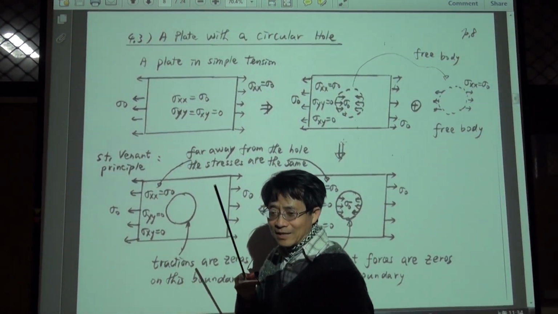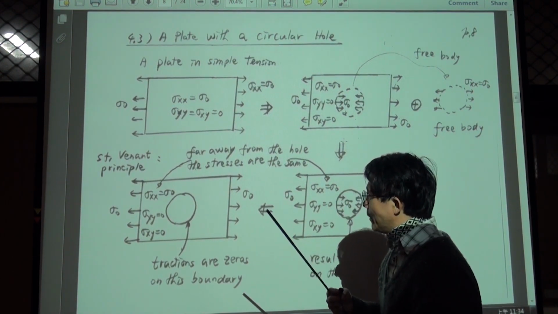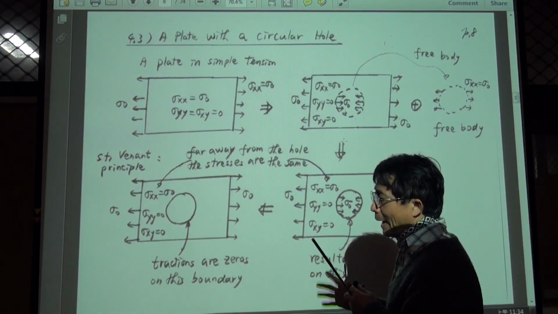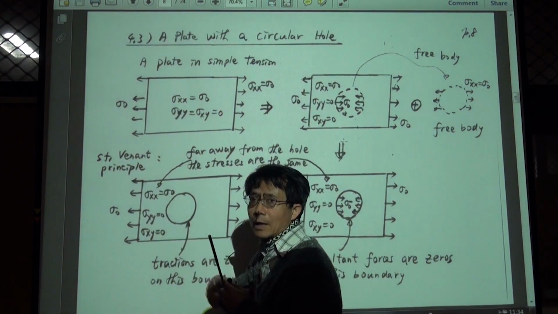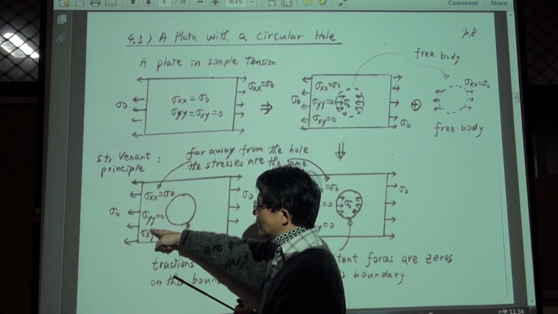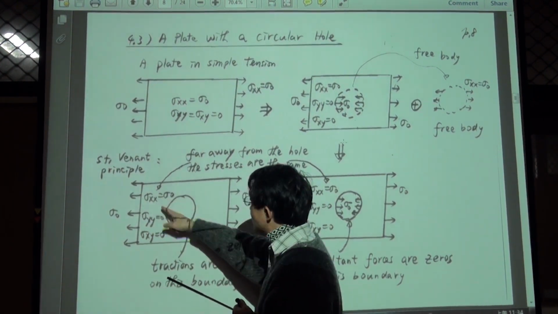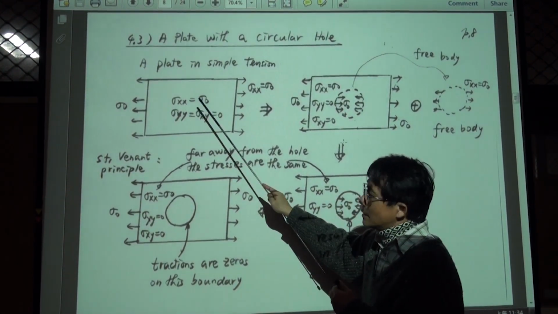Okay, this is the Saint-Venant principle we had talked about before. So by using such kind of argument, the stress states away from the circular hole can be determined. This simple state is equal to this simple state, and this simple state is equal to this simple state.